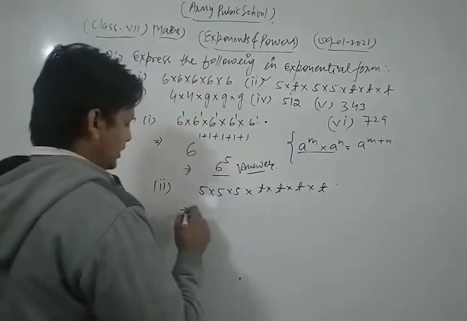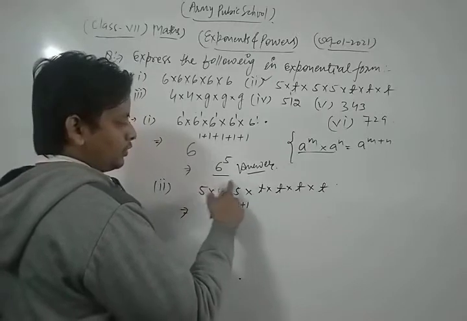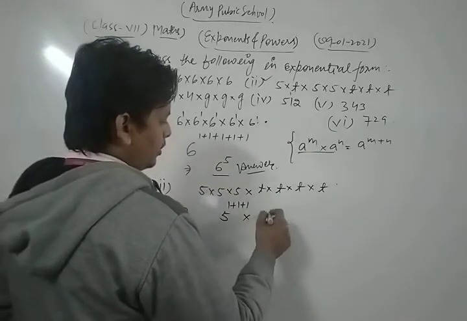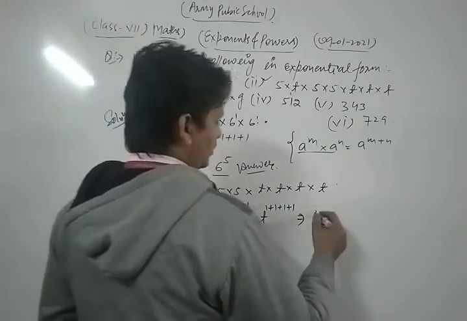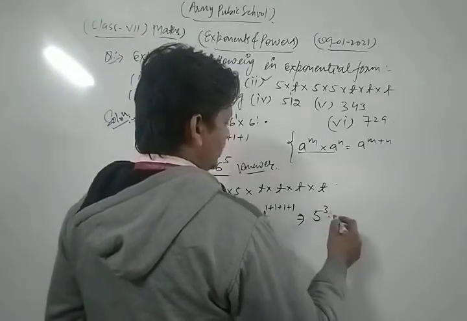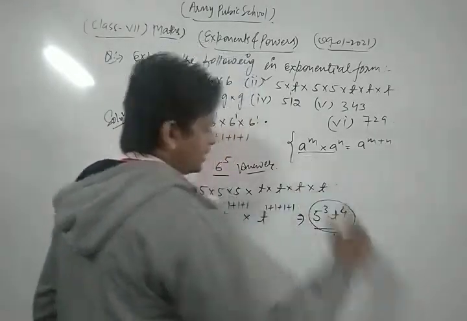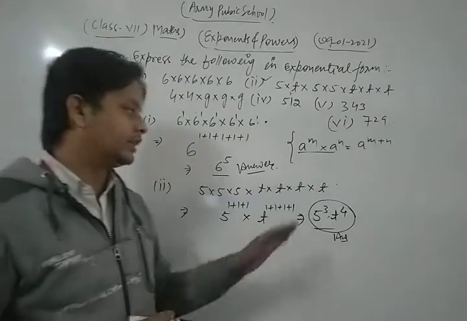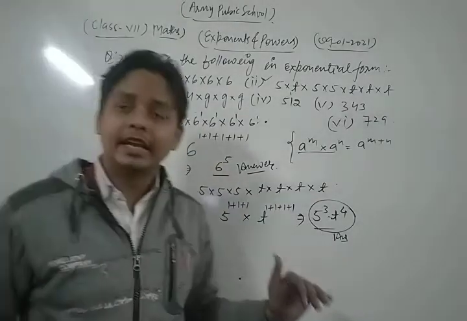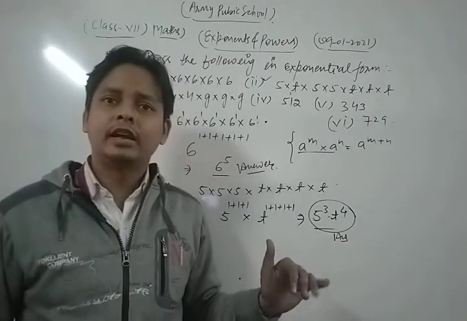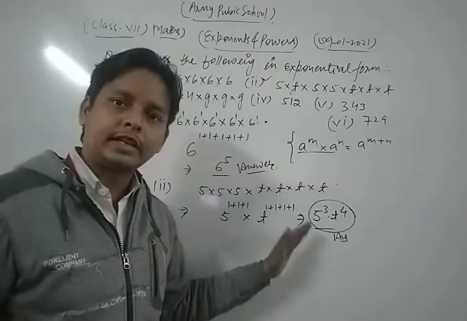So we can write 5 to the power 1 plus 1 plus 1, into t to the power 1 plus 1 plus 1 plus 1. Now we get 5 to the power 3 into t to the power 4. So this is the required exponential form of the given question. Thus this is the method to express any given question in exponent form.